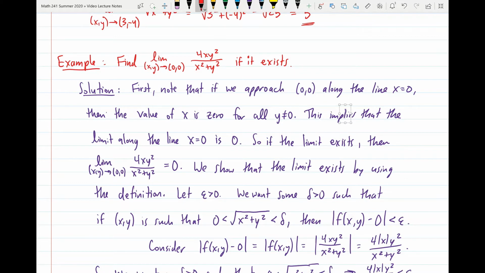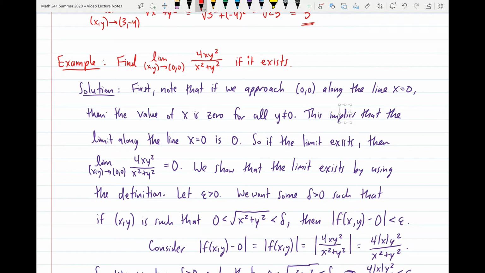And when I say along the line x equals 0, it means that we are going to approach it along the y-axis. So we're going to get closer and closer to the origin as we're moving down the y-axis or up the y-axis towards the origin.